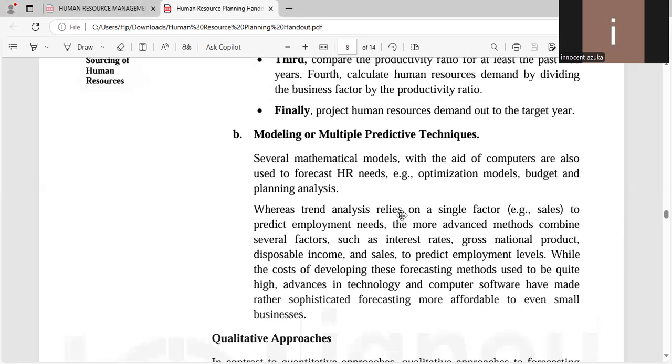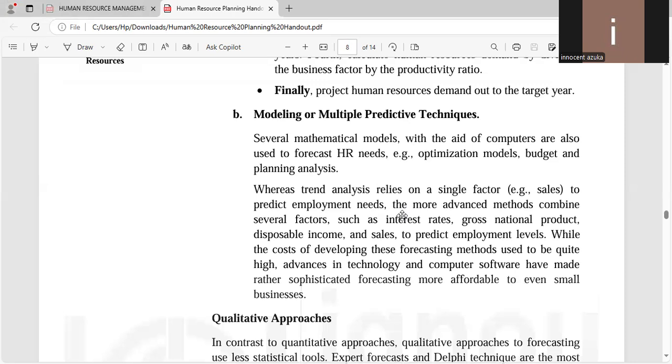Several mathematical models with the aid of computers are also used to forecast human resource needs: optimization model, budget, and planning analysis. Whereas trend analysis relies on a single factor, for example sales, to predict employment needs, the more advanced methods combine several factors such as interest rate, gross national product, disposable income, and sales to predict employment levels.